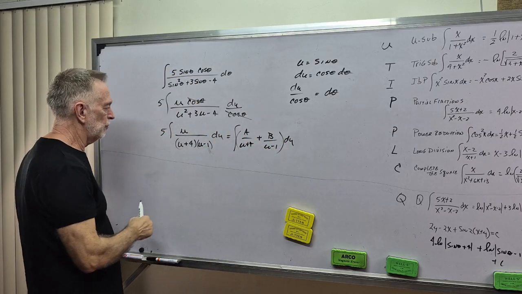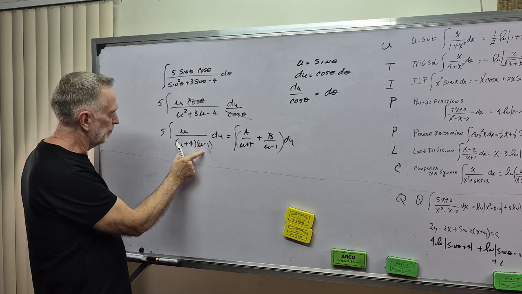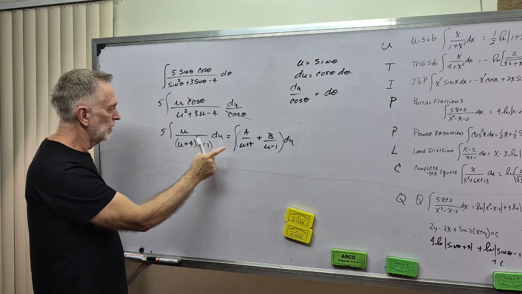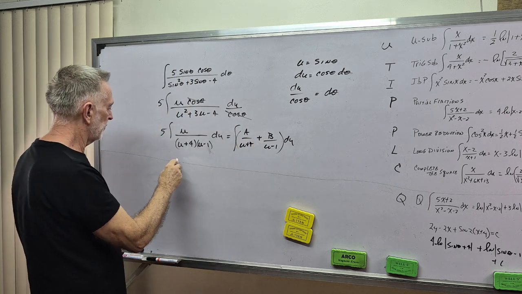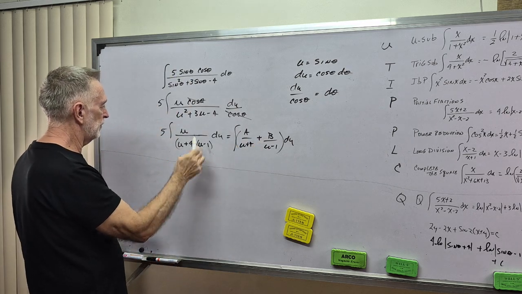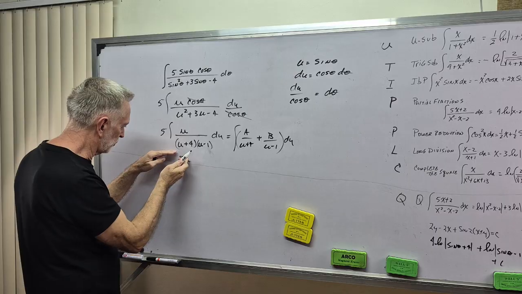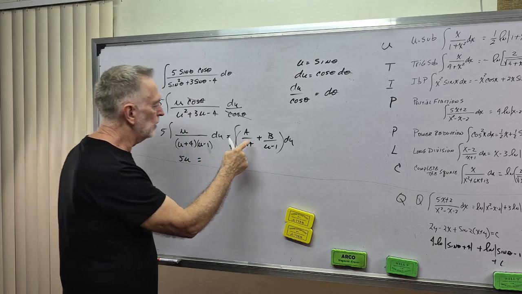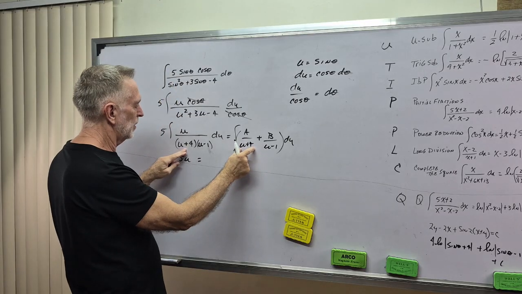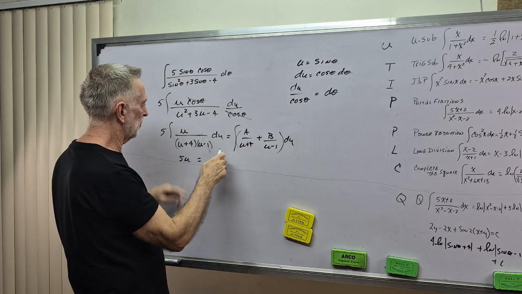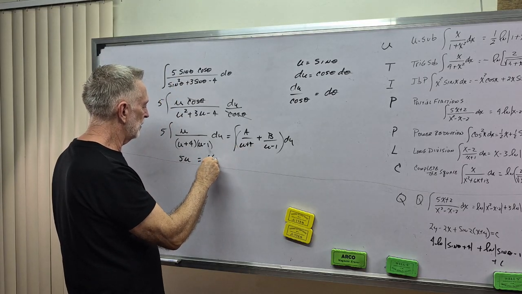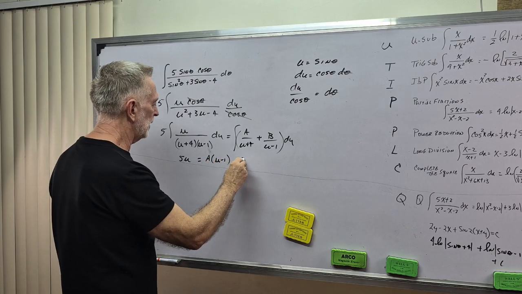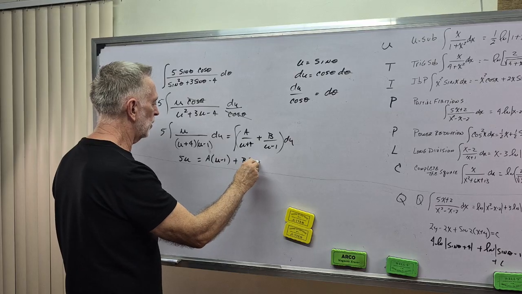I have this 5u. If I multiply both sides by u plus 4 times u minus 1, it all cancels, and I'm left only with 5u. That equals a times u minus 1 plus b times u plus 4.